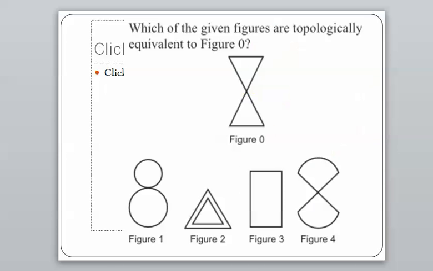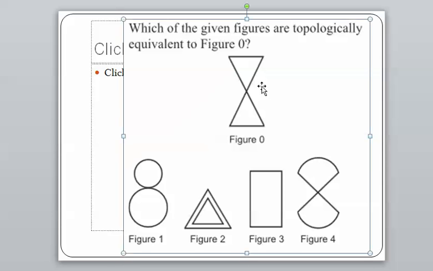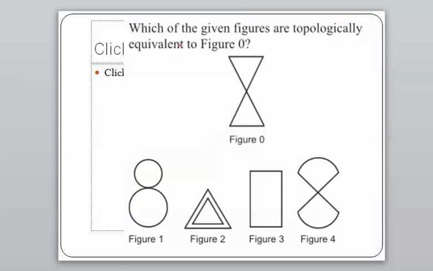Another field of geometry is called topology. Topology is where we are looking at things that are similar in shape because they're the same object, just twisted or turned or rotated or manipulated in some way. If you look at this object 0 right here, okay, it gets manipulated a little bit, okay?